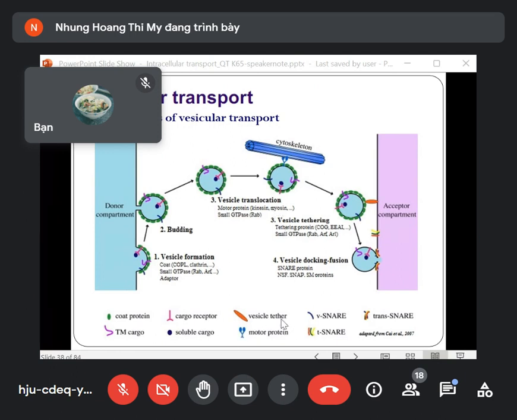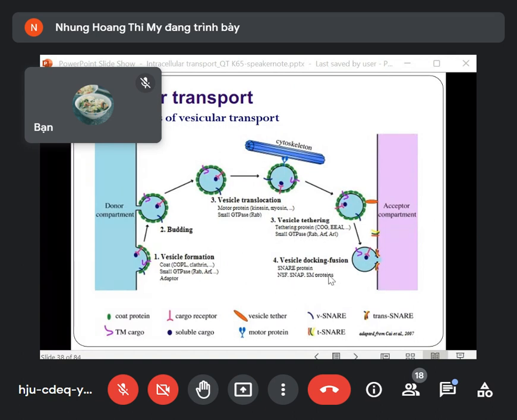from the motor protein. For the vesicle tethering, you need support from the vesicle tether protein on the acceptor compartment membrane, and also the other tethering proteins like COG or EEA1, which also need energy from GTP hydrolysis.